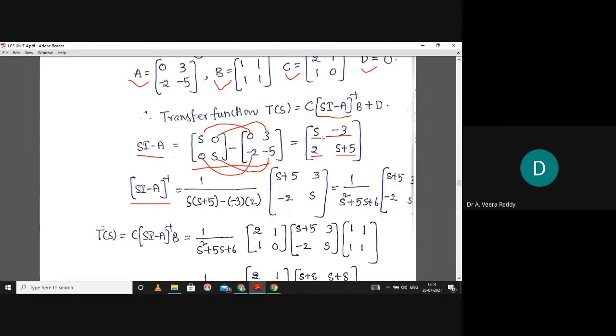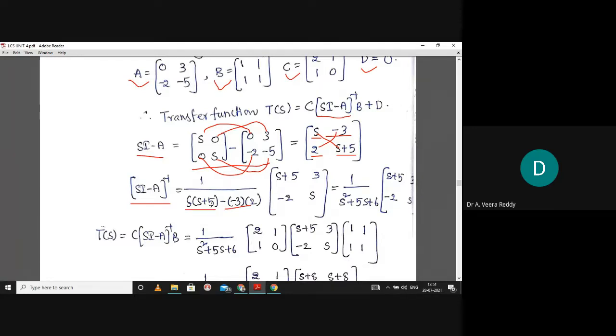No need to go for cofactors like in a 3 by 3 matrix. So 1/(s(s+5) - BC), that means minus (-3 into 2). So 1/(s(s+5) - (-3)(2)).